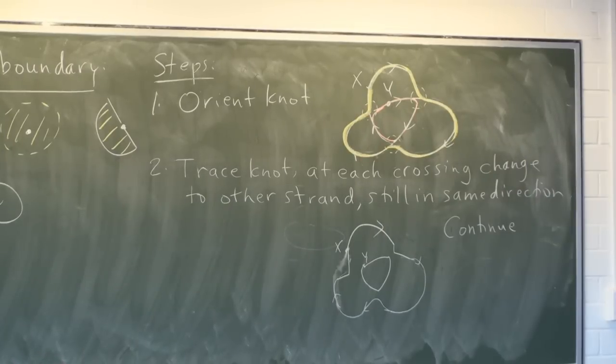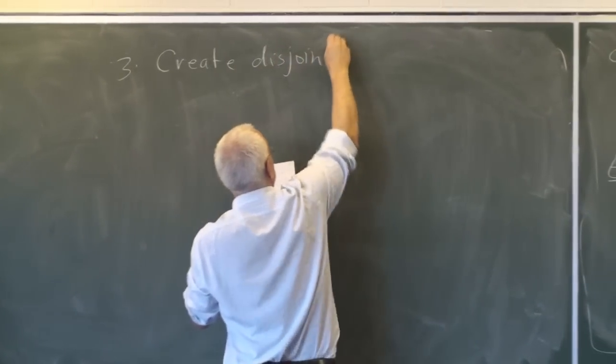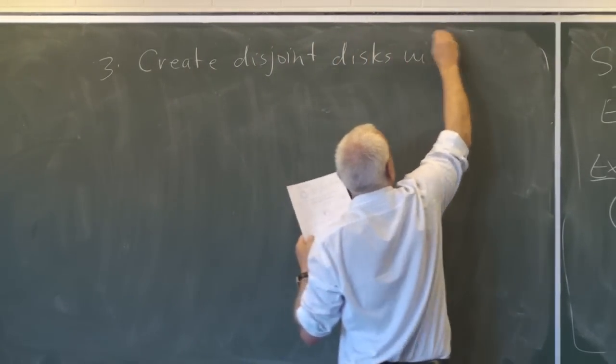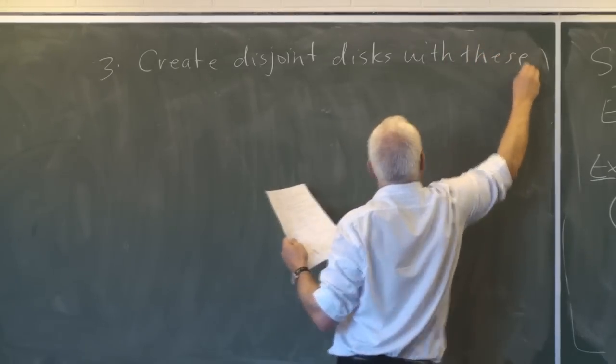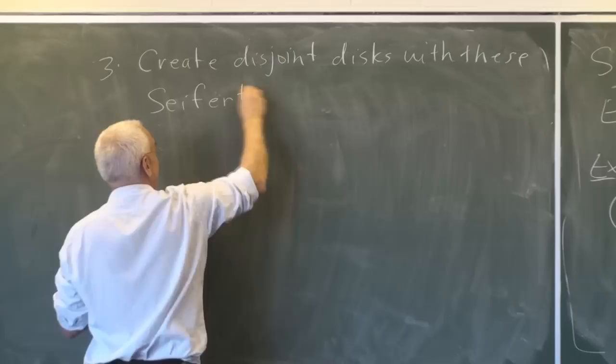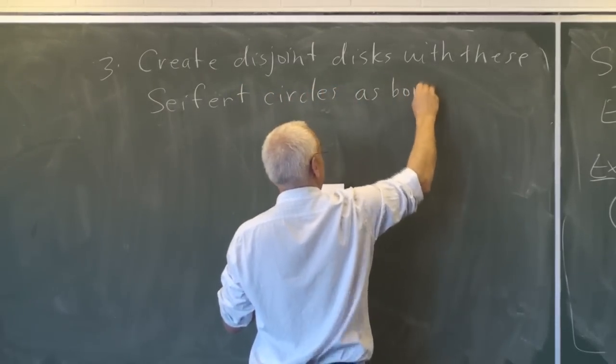Now for our third step, we create disjoint disks with these, they're called Seifert circles, as boundaries.